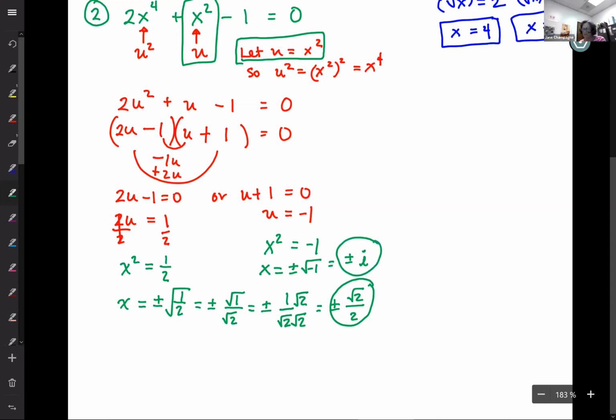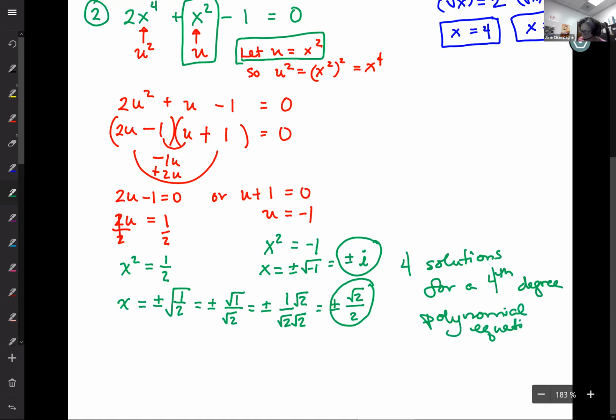So this one actually has 4 solutions, which corresponds to the fact that it is a 4th degree polynomial equation, isn't it? Any questions on that one?